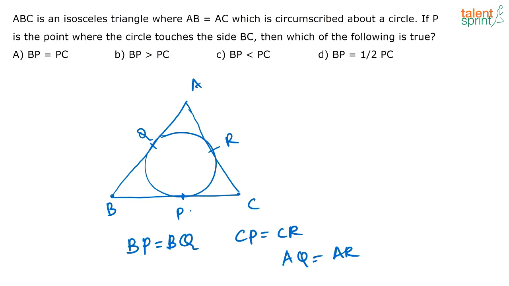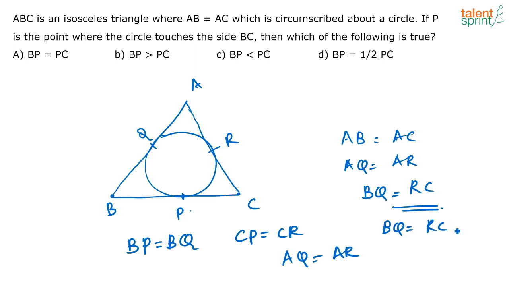Since AB is equal to AC and AQ is equal to AR, you can say that BQ is equal to RC. Correct? So if BQ is equal to RC, then BQ is equal to RC is equal to PC is equal to BP, or you can say BP is equal to PC. Correct? That is option A. Yes, all of you got this correctly.